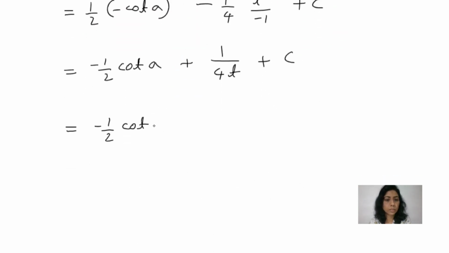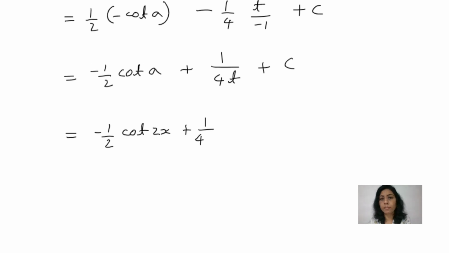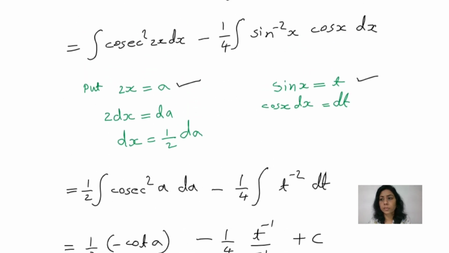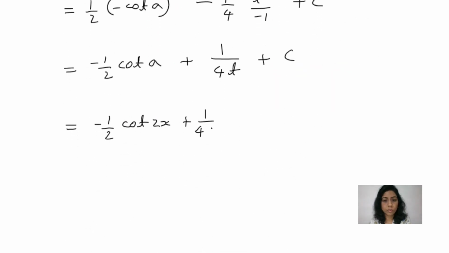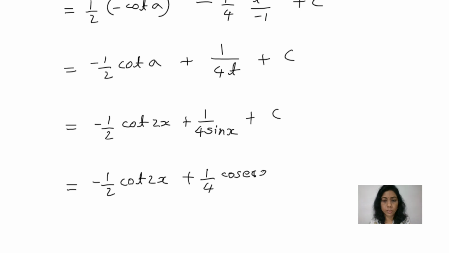Okay, we can write here 2x plus 1 upon 4, and t value is sin x, so sin x plus c. This is also an answer, but I am doing one more step. Cot 2x plus 1 upon 4, 1 upon sin x we can write cosec x plus c. And this is our final answer.